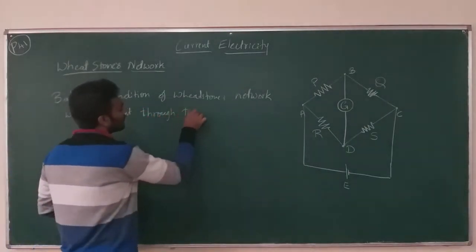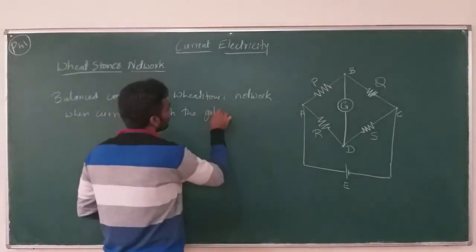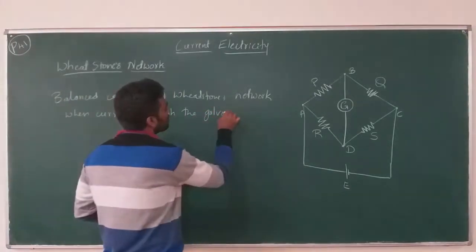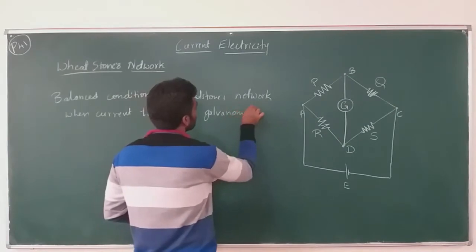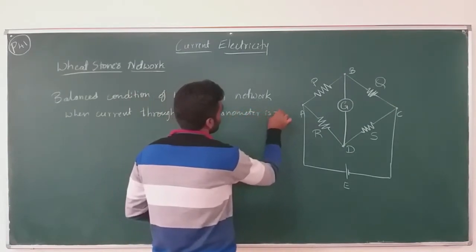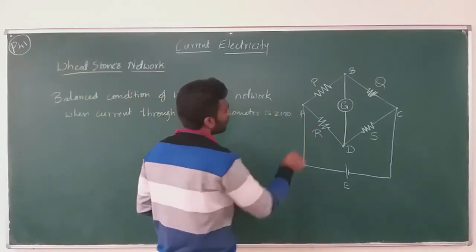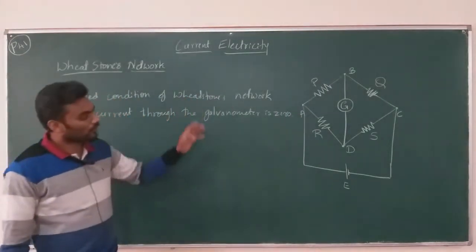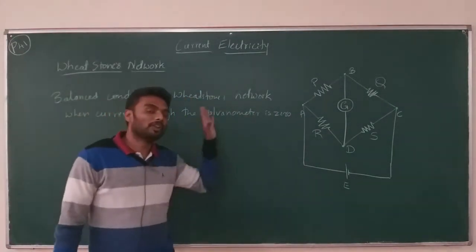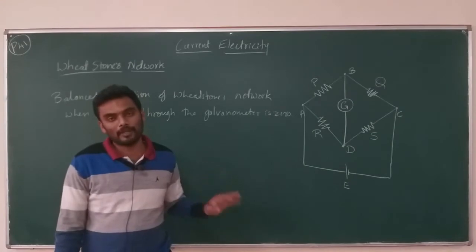Okay, so this is the balanced condition. So when there is no current flowing through the galvanometer, the Wheatstone's network is said to be balanced.